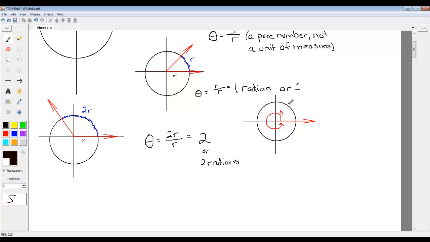Well, you've still got radius r. And this time, your intercepted arc length is the full circumference of the circle. Our circumference is 2 pi r, right? So when you look at theta and do the radians, you've got arc length of 2 pi r over radius of the circle r, and that reduces down to 2 pi. So a complete circle there is 2 pi radians.